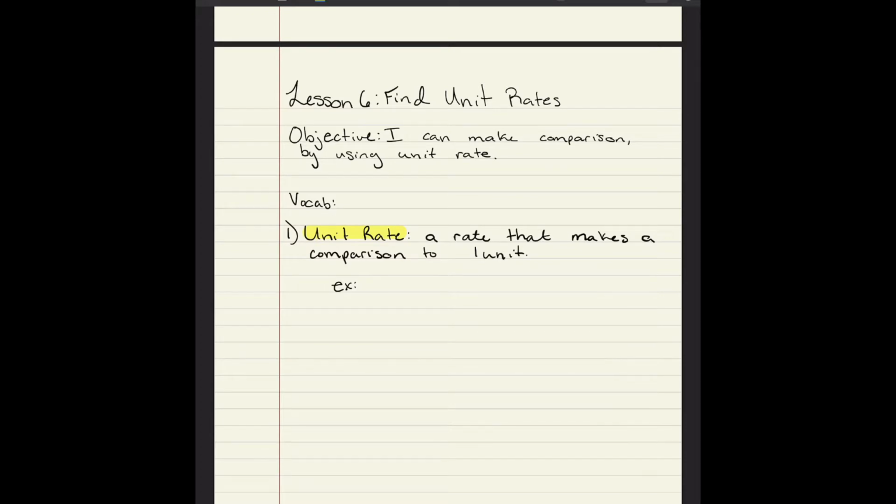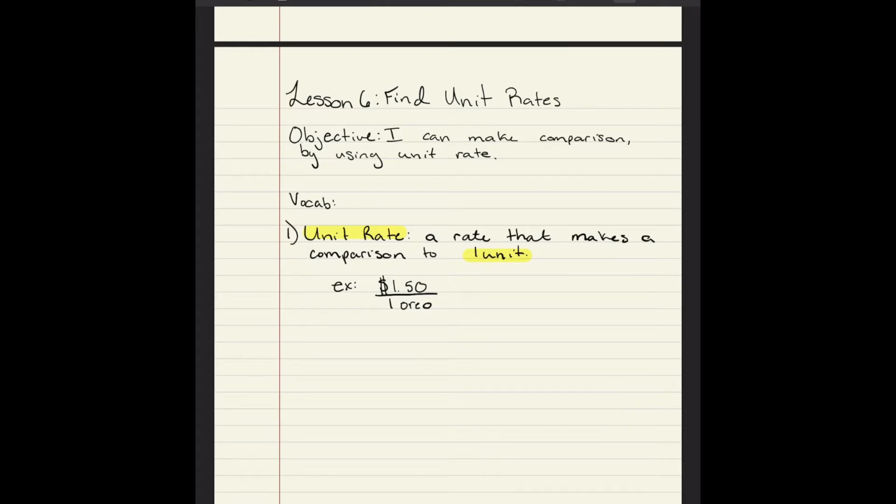So unit rate is a rate that makes a comparison to one unit. That's our key here, is that it's to one unit. So let's say it cost $1.50 for one Oreo. That's the unit rate.